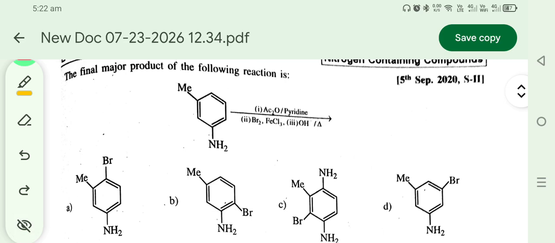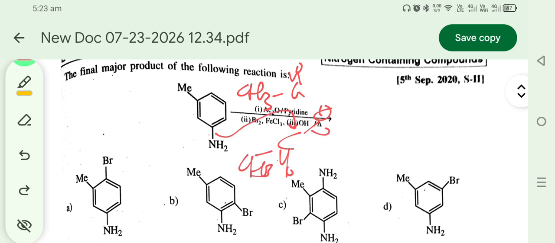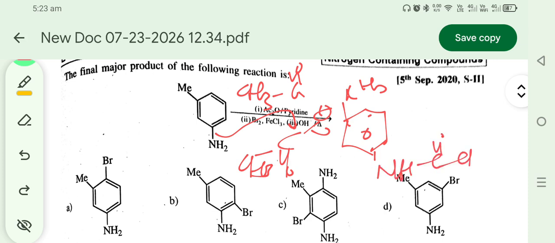With acetic anhydride, the amine group is substituted by acetate, like nucleophilic substitution reactions. The amine group is substituted and it gives meta-methyl acetamide, NHC double bond O CH3.